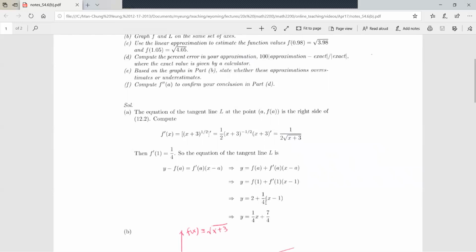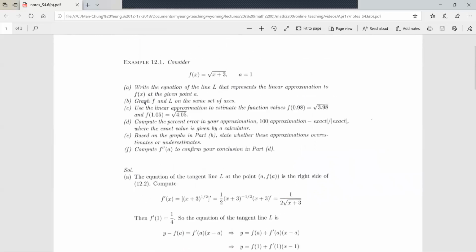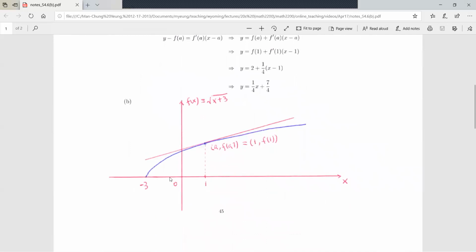The derivative at 1 is 1/4. Simplify this expression, then we get the tangent line equation here. This is the answer to question A. Question B: graph the function and the tangent line on the same set of axes. I'm done here. This is the answer to B.